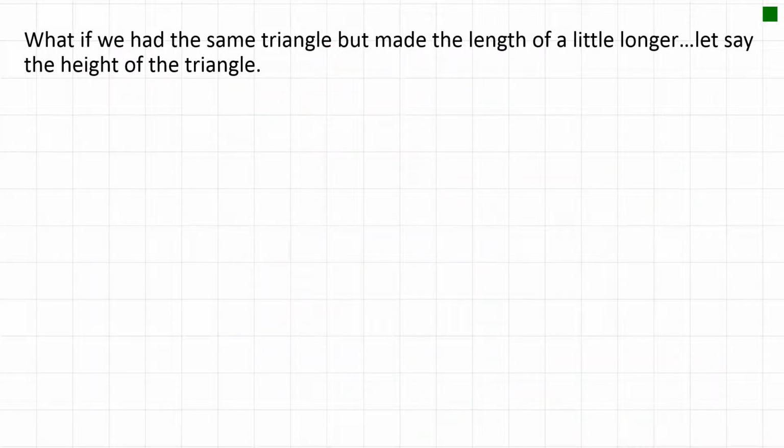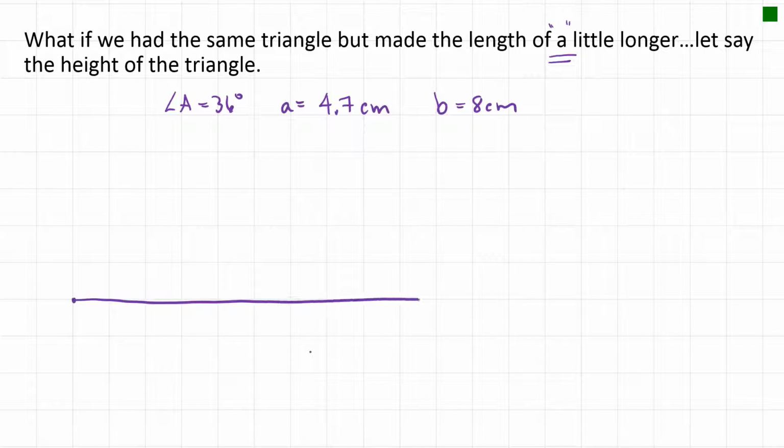So remember, if we're going to take another look at that same triangle, angle A was 36 degrees. Little a, we are going to make a little bit longer. So let's say it's the height of the triangle, so 4.7 centimeters. B is still 8 centimeters. So roughly sketching that out, here's my horizontal line.